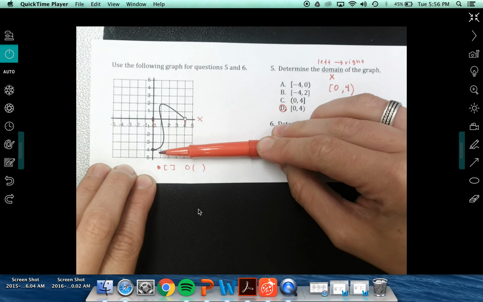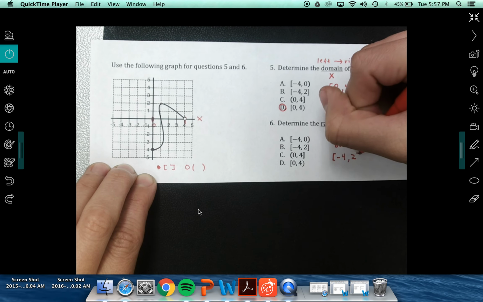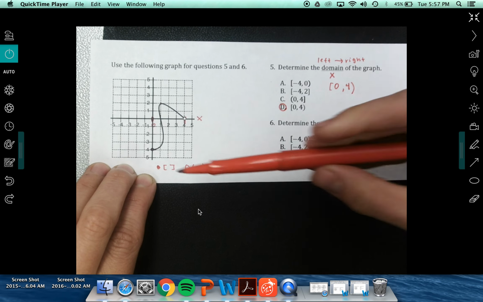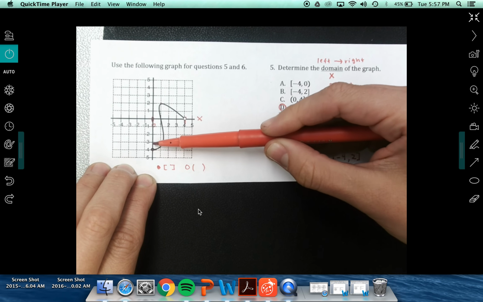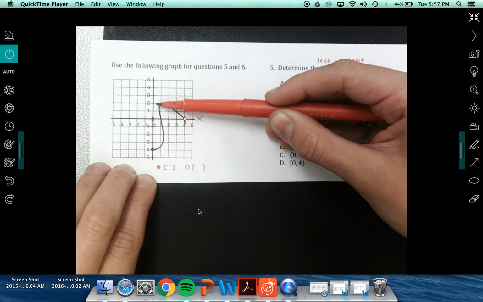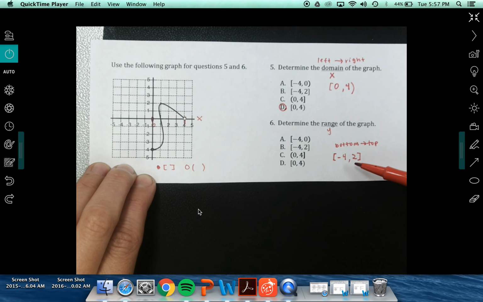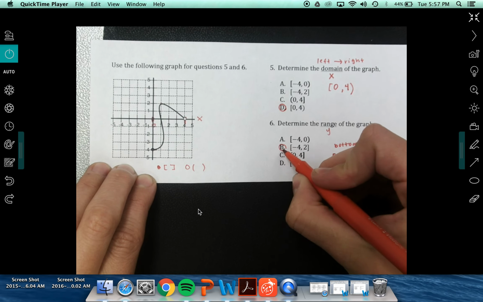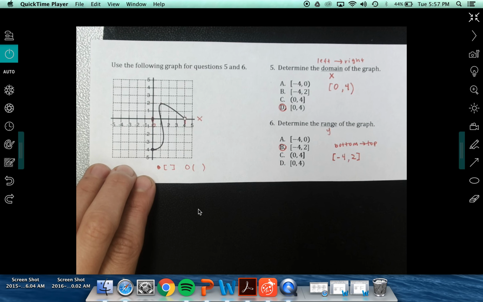Okay, when y is at 2. This doesn't have an empty dot, so I can give it a bracket. Okay, so it extends from -4 all the way up to when y is 2. So -4 to 2. So my answer for number 6 is B.